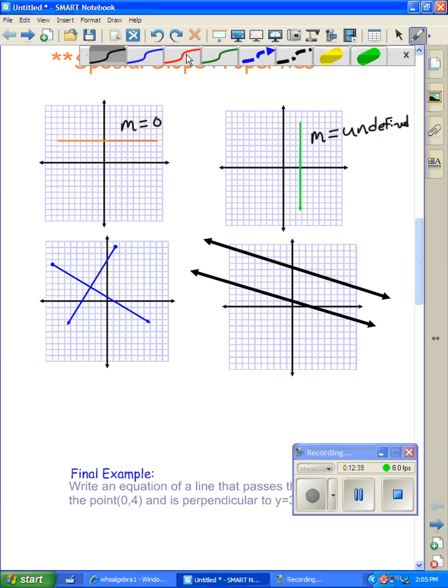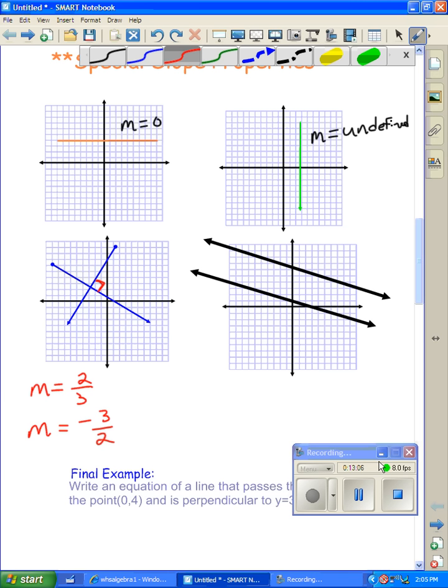A couple other characteristics of slope. Perpendicular lines, lines that form a 90-degree angle, are negative reciprocals of each other. So in other words, if one of those lines has a slope of 2/3, the other line would have to have a slope of negative 3/2. Okay?